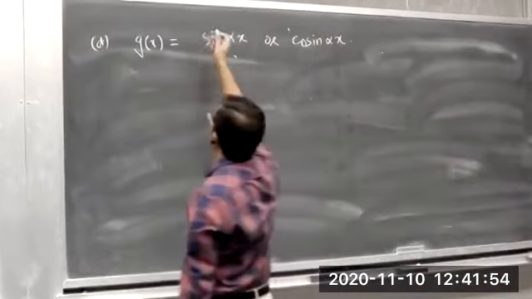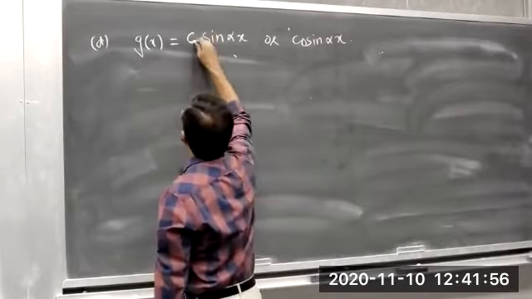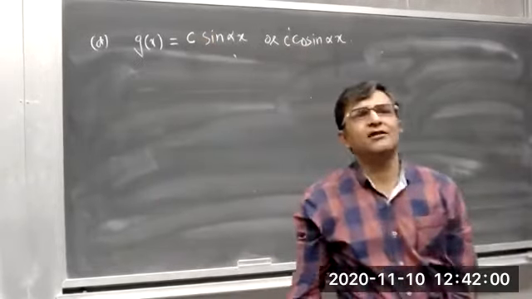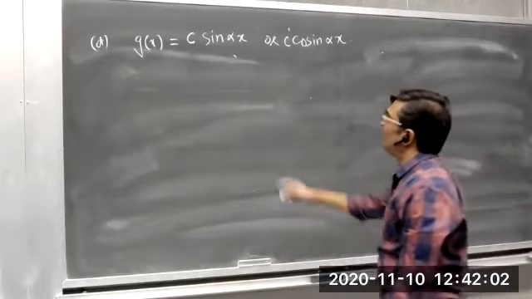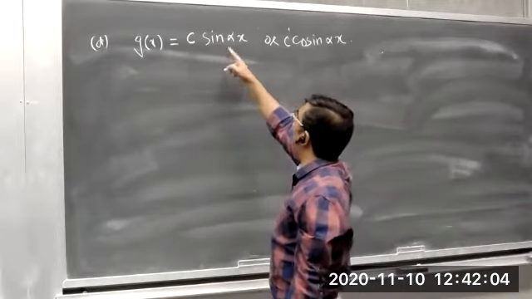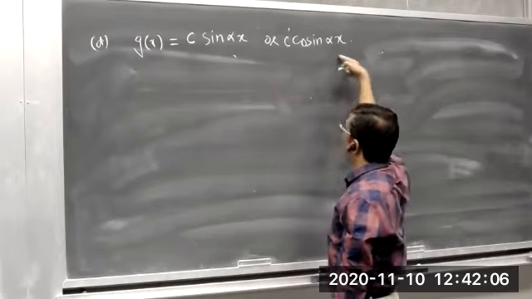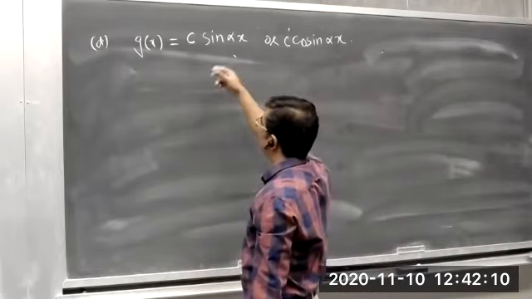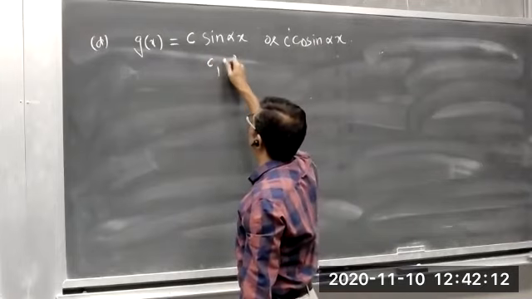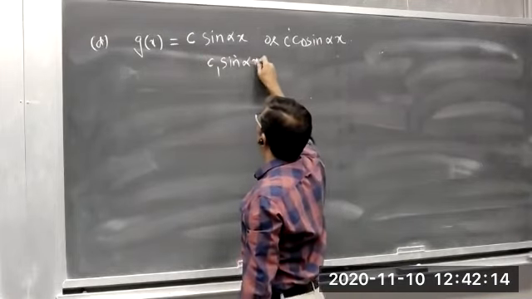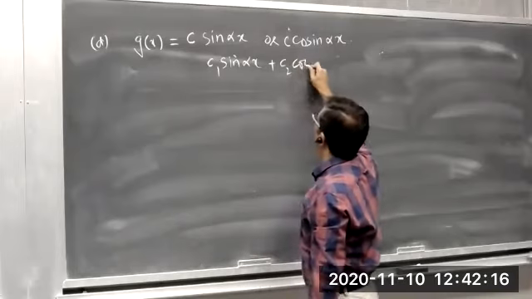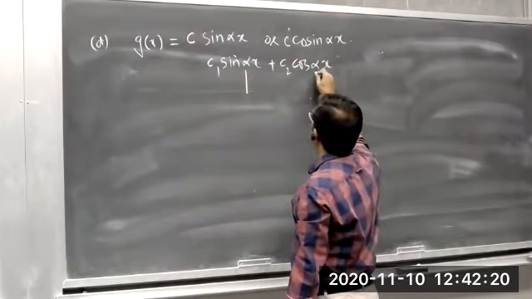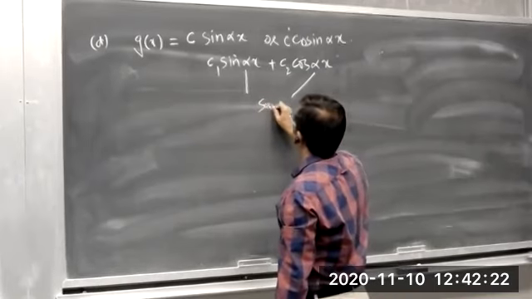It can contain some constant as well, c times this or c times this. If the right-hand side function is of this type, either sine alpha x or cosine alpha x, or a linear combination of both, you can say c1 sine alpha x plus c2 cos alpha x, but this angle should be the same.